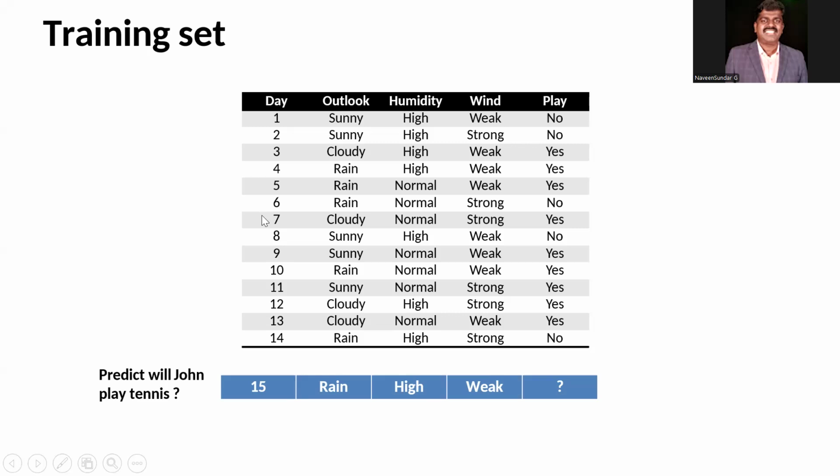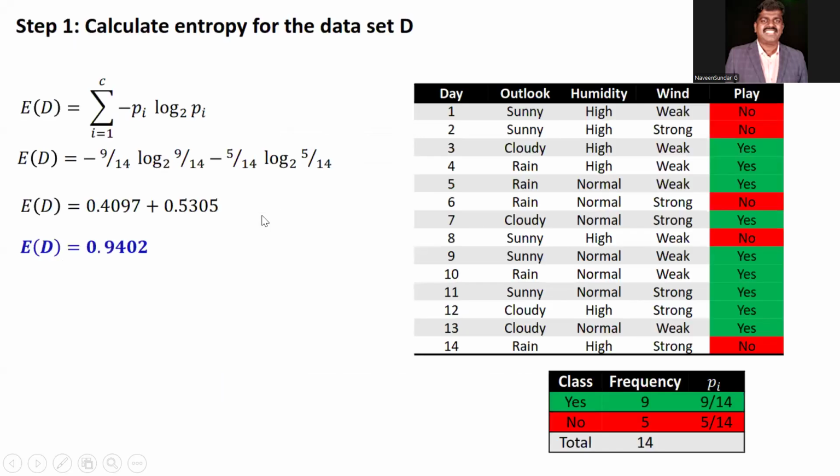Okay, so how to calculate it? First, as I told you, step one, we calculate the entropy for the complete data set D. So in total we have 14 records, and in them we are going to calculate for outlook. As I told you, there are three categories of outlook: sunny, cloudy and rainy.